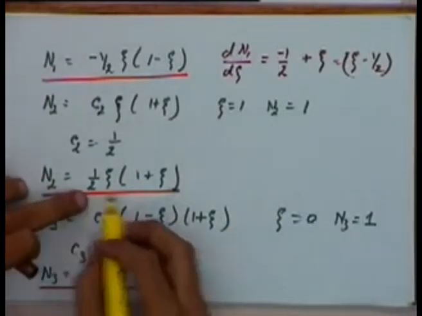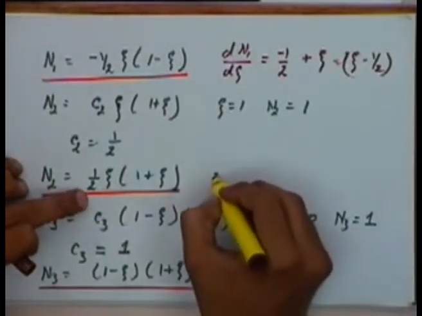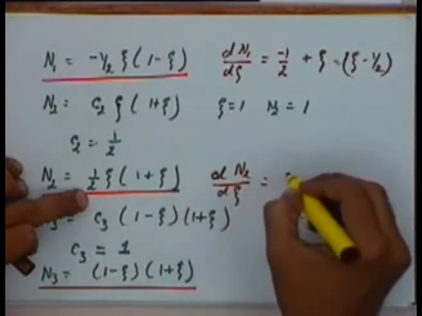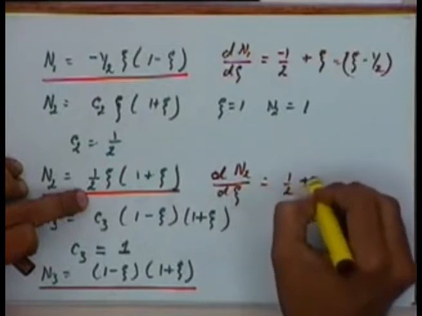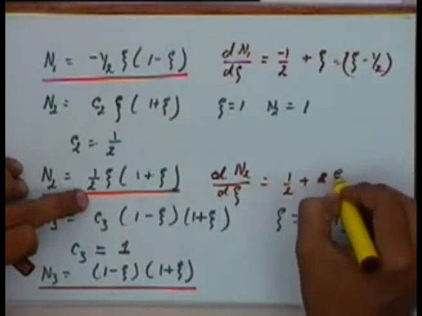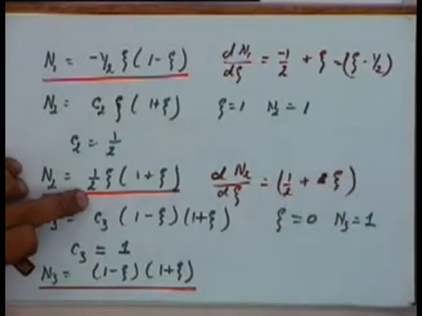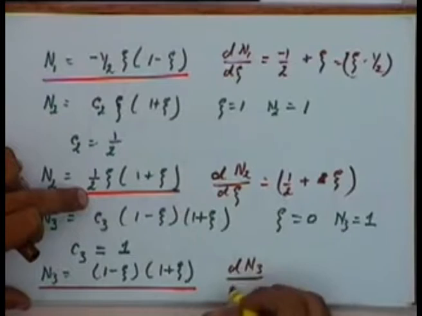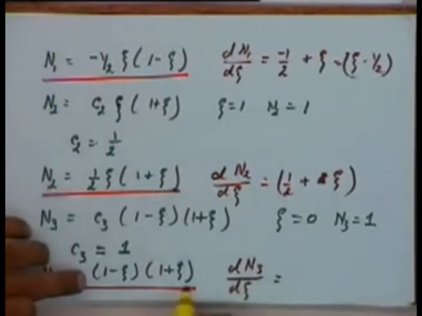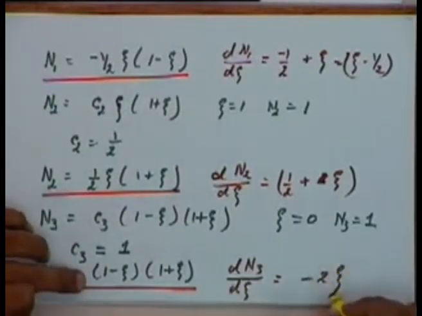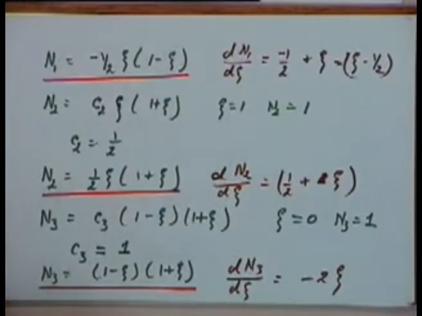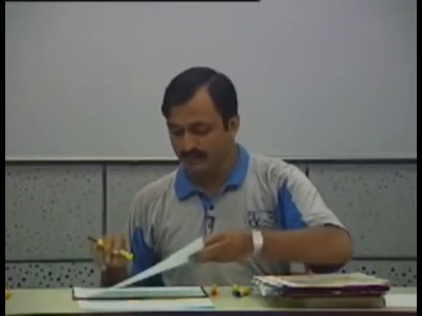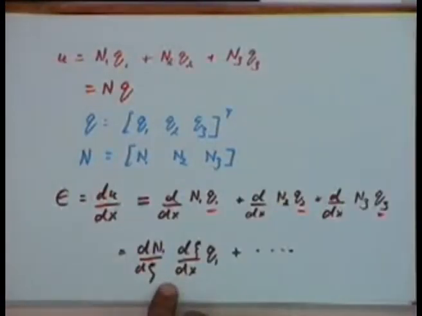For N2, this will give us half plus 2 zeta, that is 2 zeta plus 1 by 2. And the derivative of N3 with respect to zeta will give us minus 2 zeta. So these are the three derivatives which we will have, and we put them in this expression.